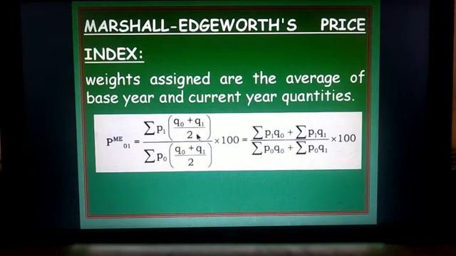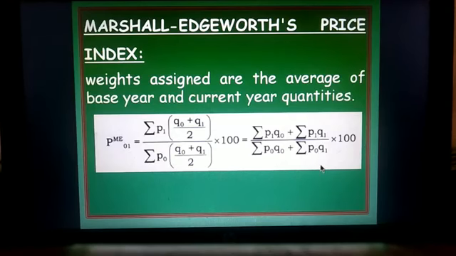So here, as I have said, this 2 and this 2 got cancelled. Here also I suggest you students, don't memorize the formula of Marshall-Edgeworth like: sum of P1 Q0 plus sum of P1 Q1 divided by sum of P0 Q0 plus sum of P0 Q1 multiplied by 100.